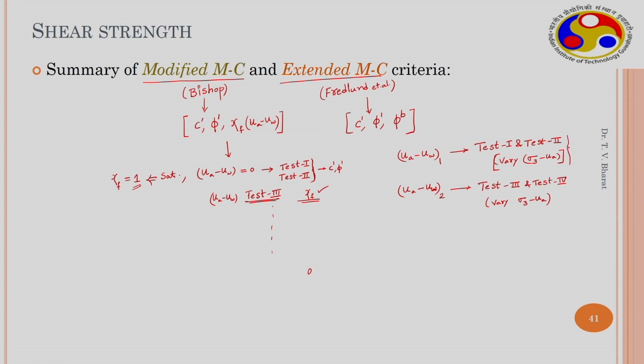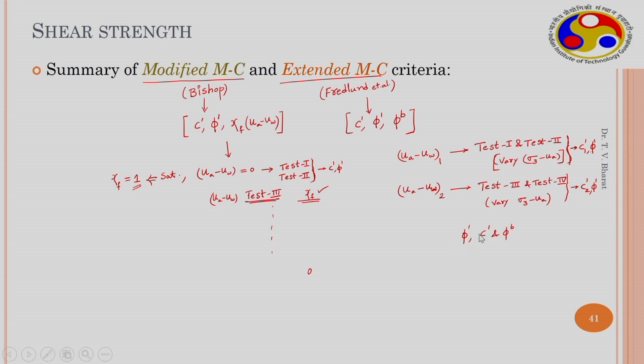So from the first tests you obtain one particular cohesion intercept at a given u a minus u w and the angle of internal friction, and from the other two tests you get another cohesion intercept and angle of internal friction. By solving these two expressions for cohesion intercepts, we get C dash and phi b. Anyway, we already got the phi dash, so we get all the strength parameters.